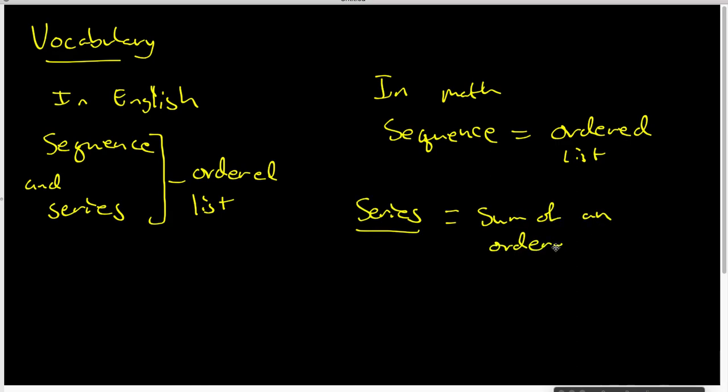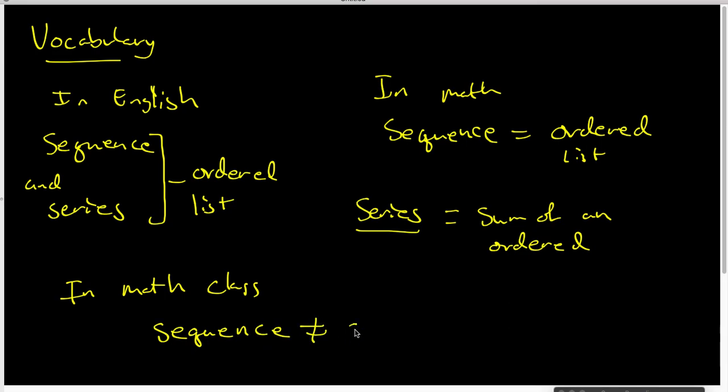Now, we're not going to look at series in this class, but you looked at series in Calculus 2, and it's important to realize that in math class, we cannot use the word sequence and series to mean the same thing. So we cannot call the things that we're studying series. They must be referred to as sequences.